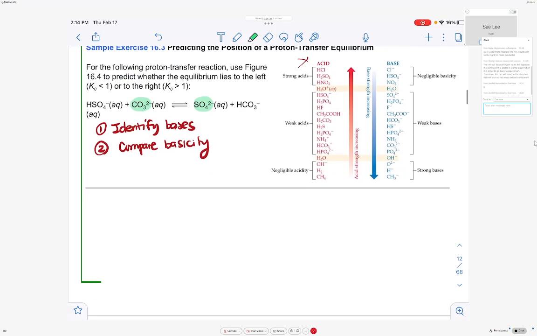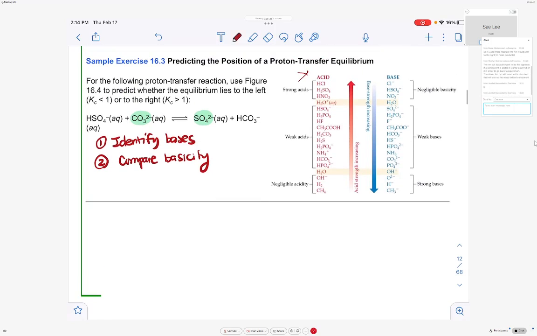So let's compare the basicity of these two bases. Carbonate is right here, and sulfate is right here. So which one is a stronger base?